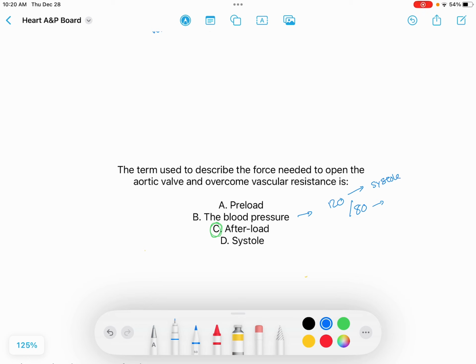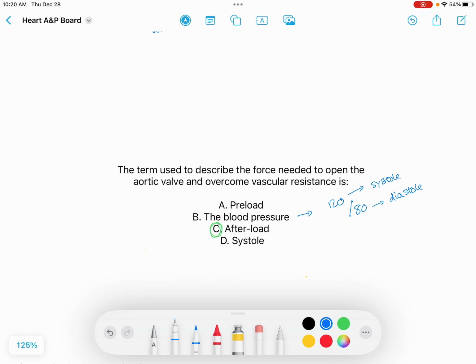And what's the pressure at baseline or diastole? When the heart's relaxed, that's diastole. When the heart's contracting, that's systole. Diastole is like that baseline pressure, if you will, in the blood vessels. That's in essence what we think of with the afterload. Can we overcome that baseline pressure to be able to get blood going forward?